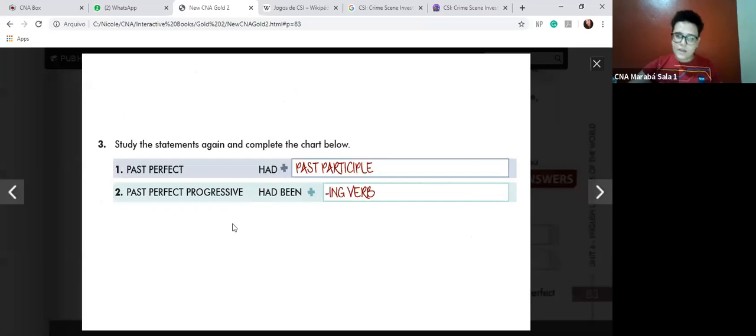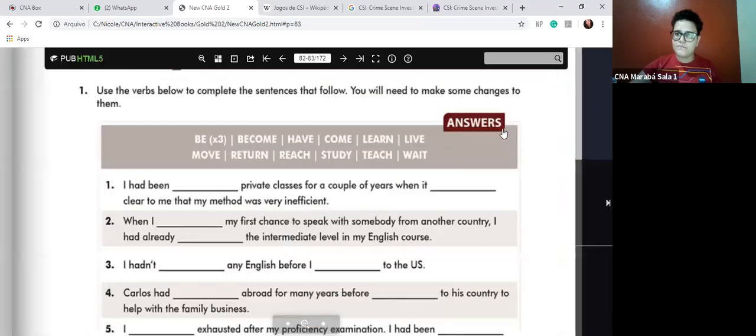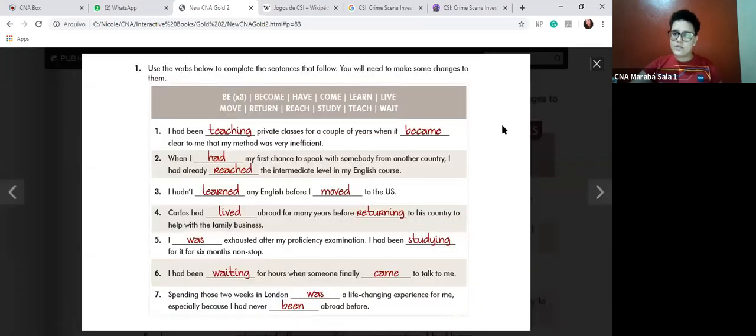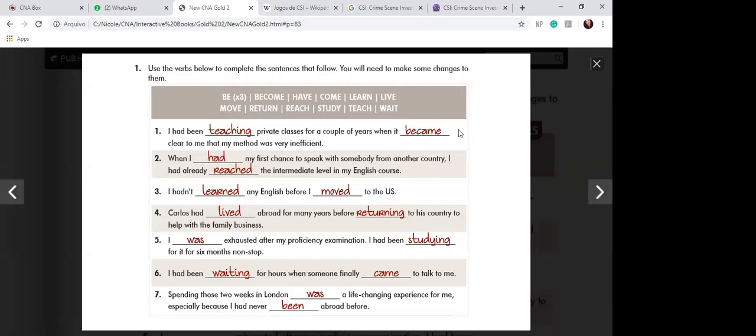So let's go back to the sentences one more time. We're going to read them together now because we didn't read them together. And then we're going to identify which situations are past perfect and which situations are past perfect progressive. Can you read number 1, please, Mateus Moreira? Okay.